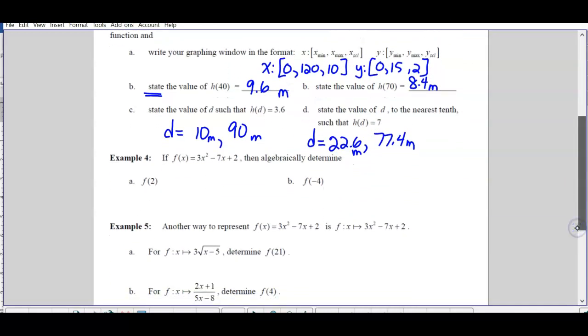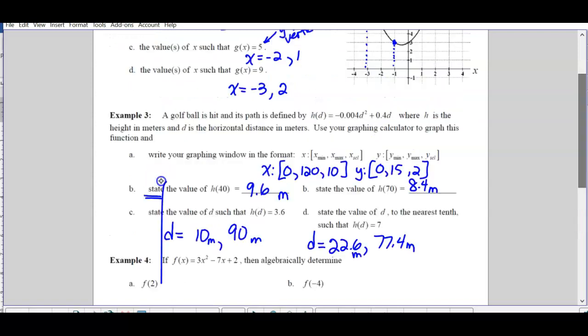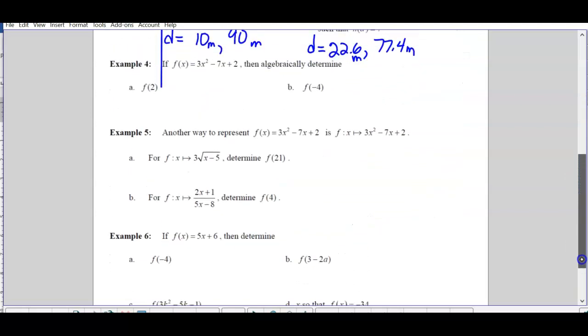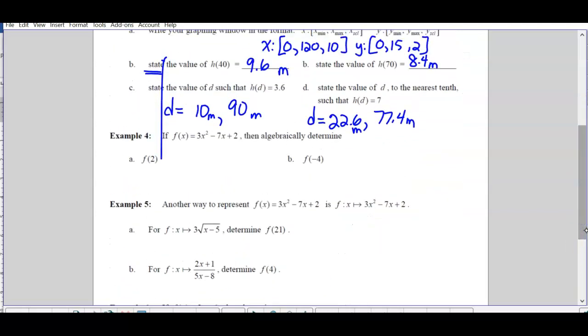Example 4, this is all algebraically, so we want to substitute in 2 for every x, and really you can do it all in one step. If it says determine, that means show your work.